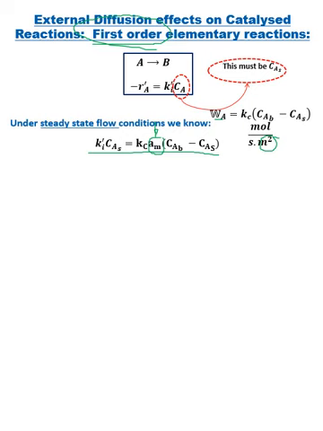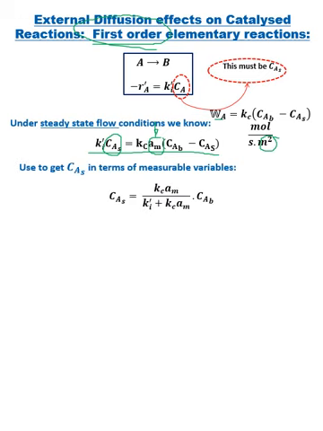Now, since we have a first order rate equation, it is possible to get an explicit equation where we make surface concentration the subject of this relationship, and then we can do some algebra to prove that we can write the surface concentration as a function of the bulk concentration, which is fantastic because the bulk concentration is the one that we can measure.